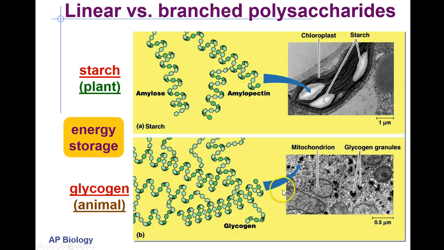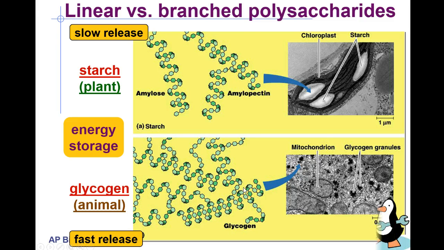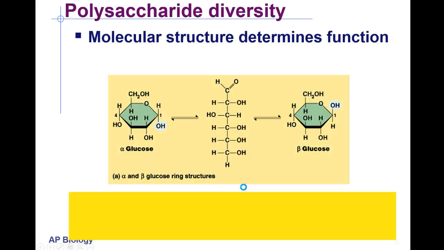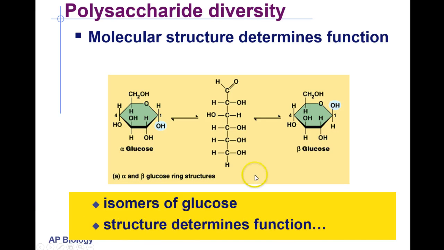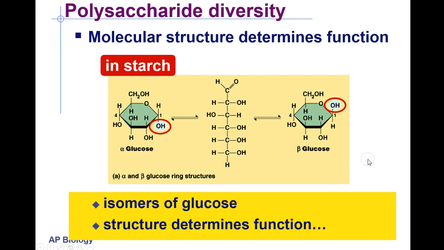Both are for energy storage, but one's for plants, one's for animals. Because of the different way these things bond, that's basically why you may or may not have an enzyme to break it down.